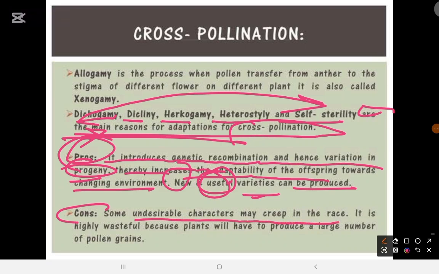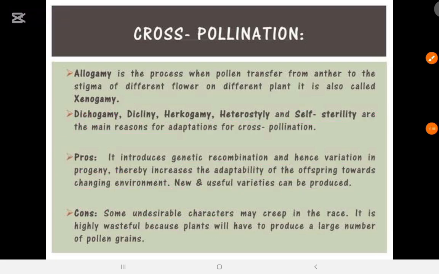And it is highly wasteful because plants will have to produce a large number of pollen grains. So the disadvantage of cross pollination is that some undesirable characters may creep in, and it can be highly wasteful.